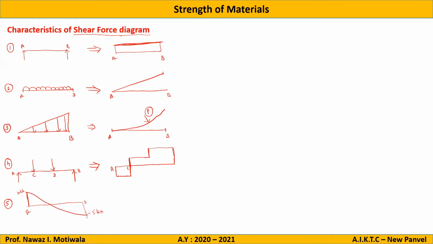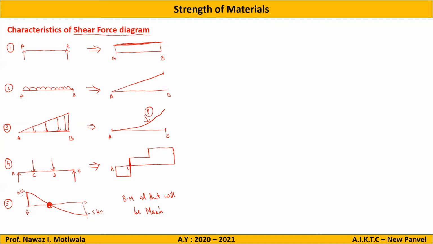It is an inclined line. So what it says is that wherever shear force is zero, or wherever shear force changes its direction, the bending moment at that point will be maximum. This is the main point. So bending moment will be maximum at the point where shear force is zero.